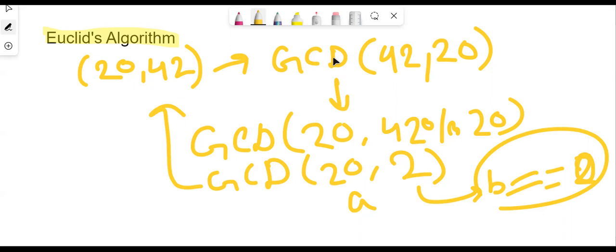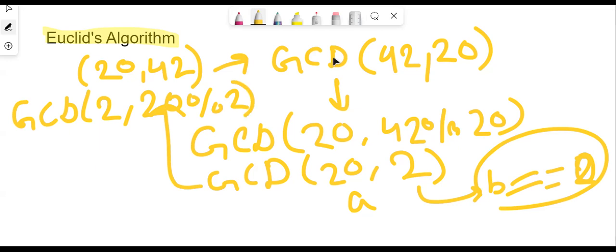Now this GCD is going to call another GCD of 2. B will come here and A mod B, which is 20 mod 2, which is 0 actually. So it is GCD of 2, 0.